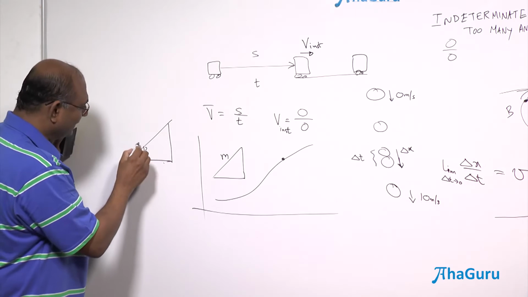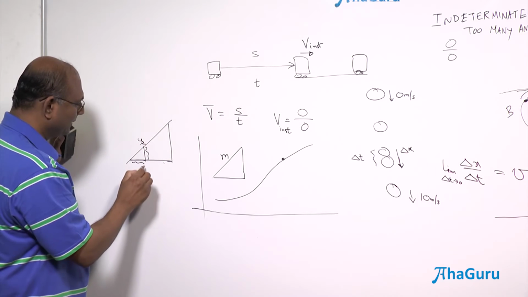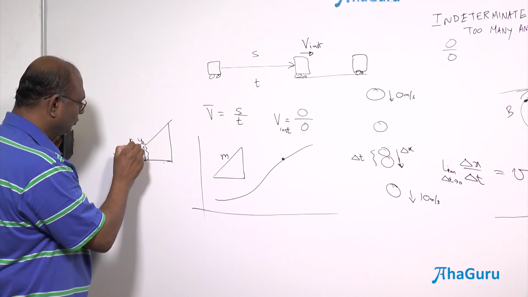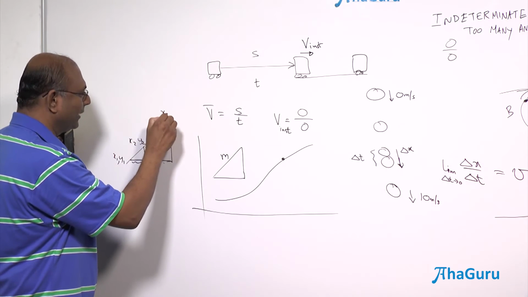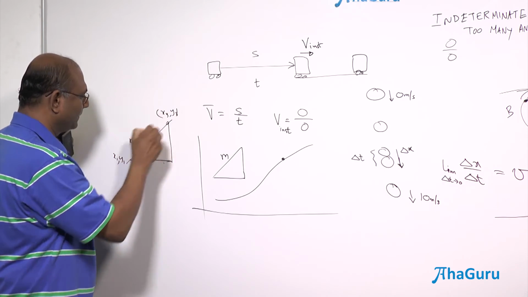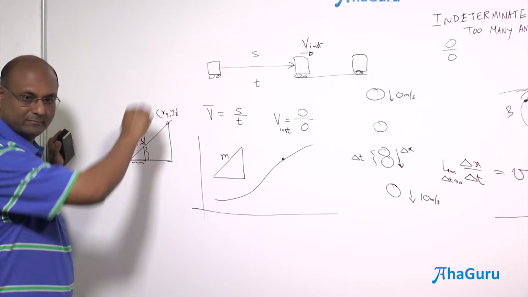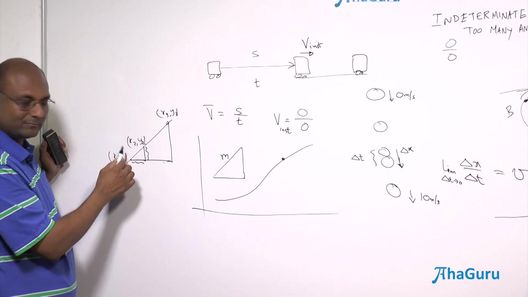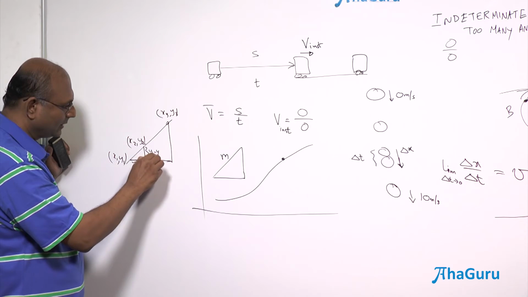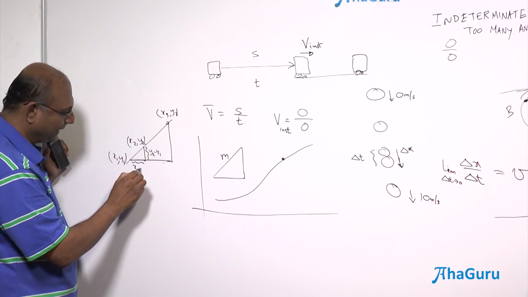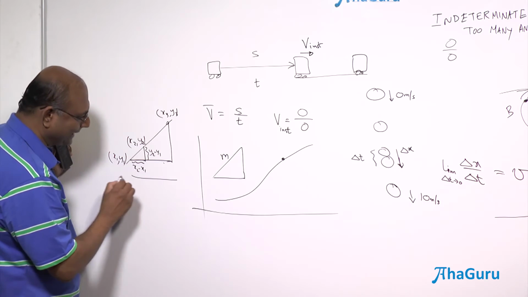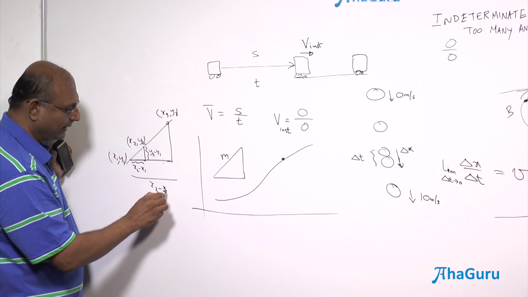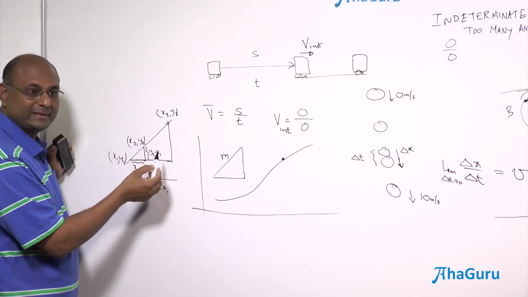So therefore, if I call these x1, y1, x2, y2, x3, y3, they are all on the same straight line. What is this difference? y2 minus y1. What is this? x2 minus x1. And what about that? x3 minus x1. And this is y3 minus y1.